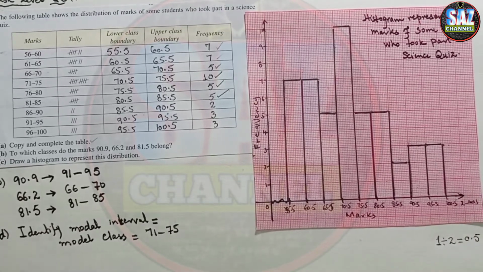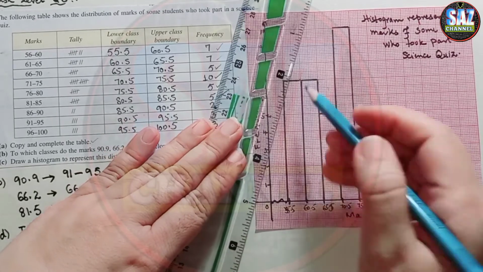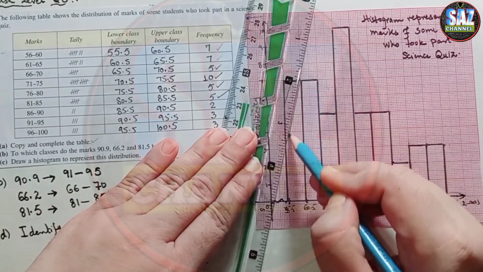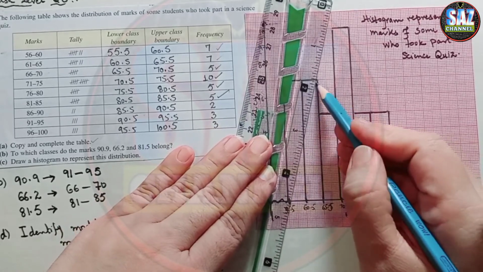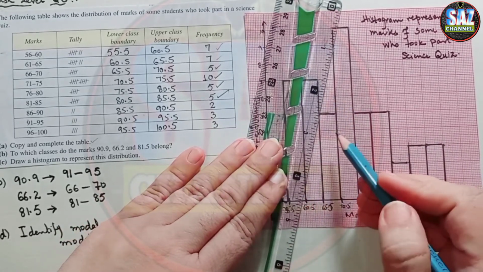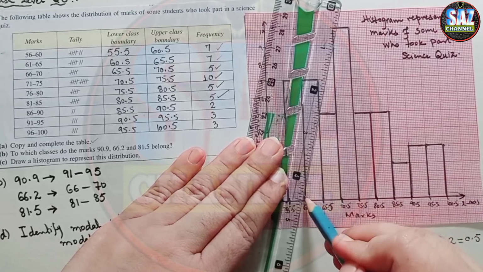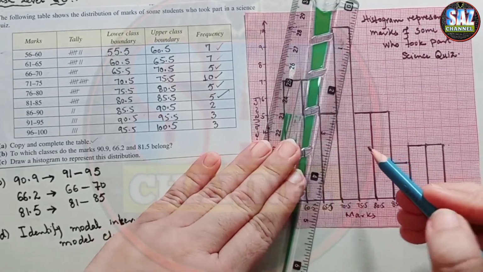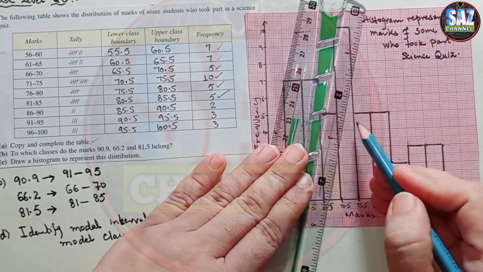Before winding up the lesson, you can shade the graph with pencil, but do not take more time. I'm repeatedly telling my students that you can shade for the purpose of beauty, but do not take more time.